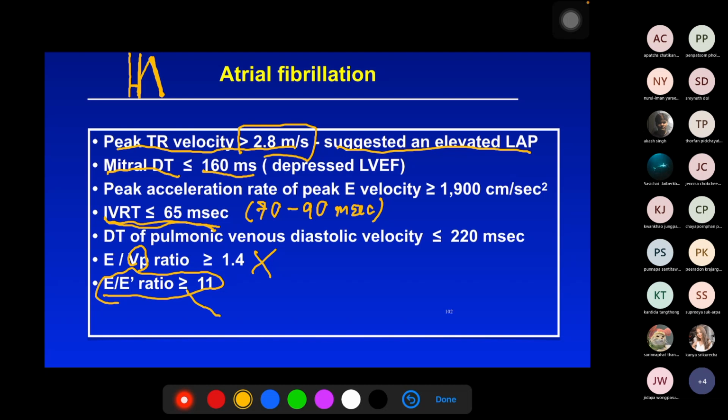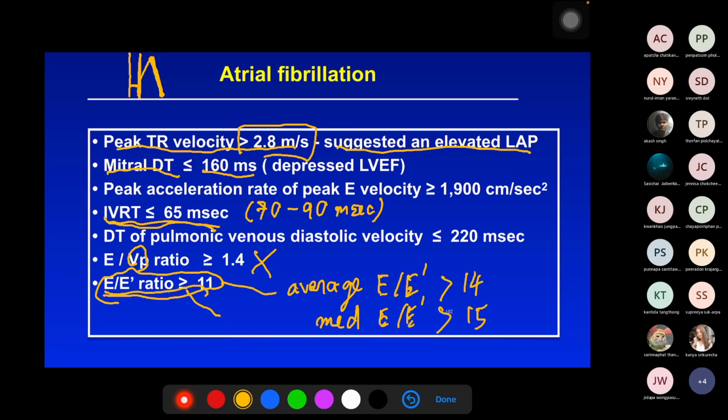In the general population, we use the average E to E prime ratio over 14 or the medial E to E prime ratio over 15. But in AFib, we use over 11.